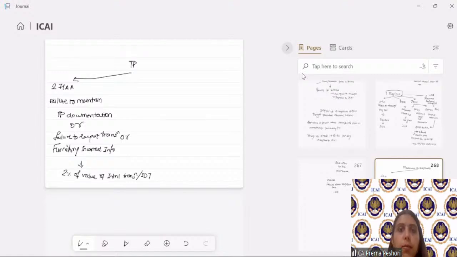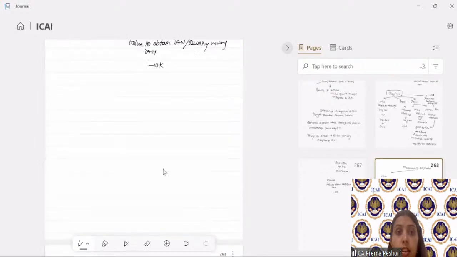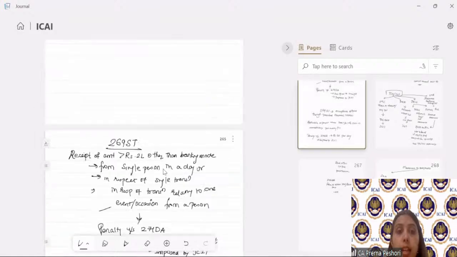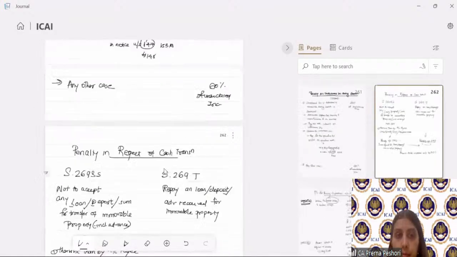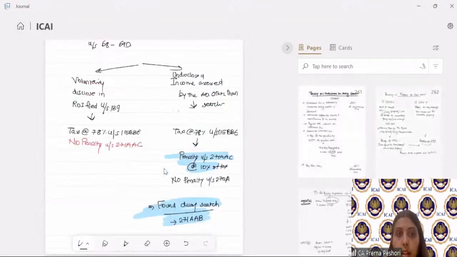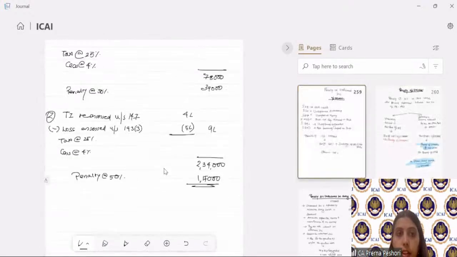Okay. So if you remember, which you don't as of now because you have not revised correctly, there was the case of misreporting of income. You have forgotten, right?